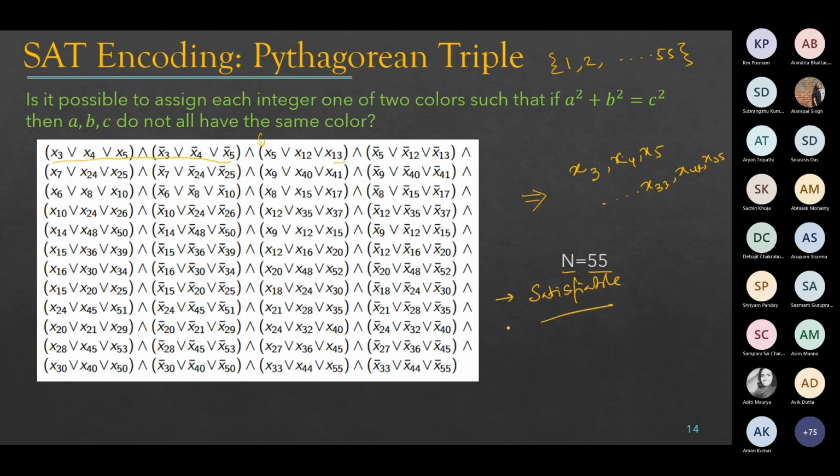And it has been observed that we can have a satisfiable assignment up till 7,824. But as soon as we encounter this, this whole formula becomes unsatisfiable. So this is how we can encode a problem into a SAT problem.